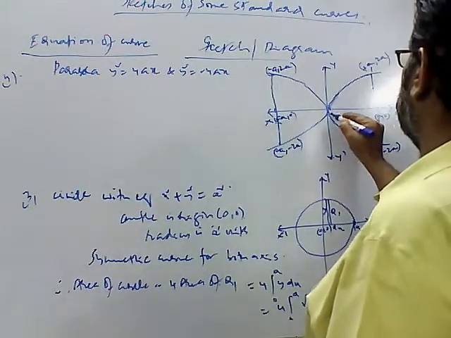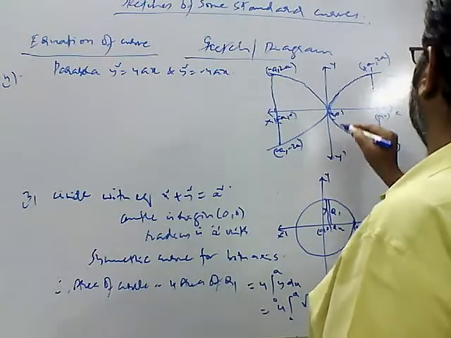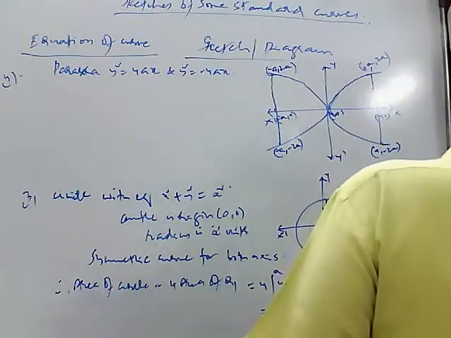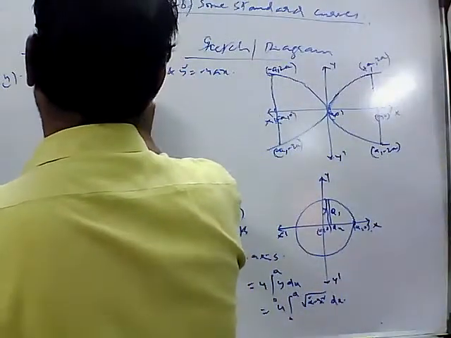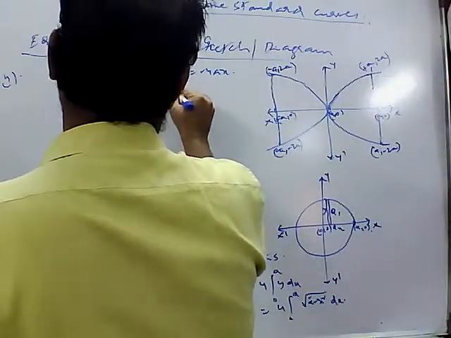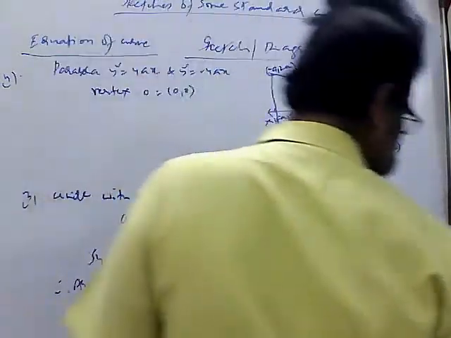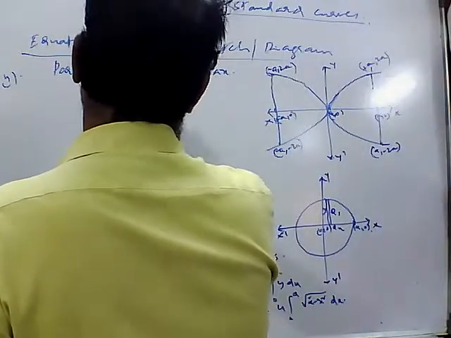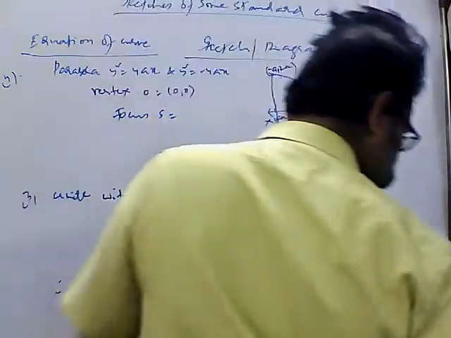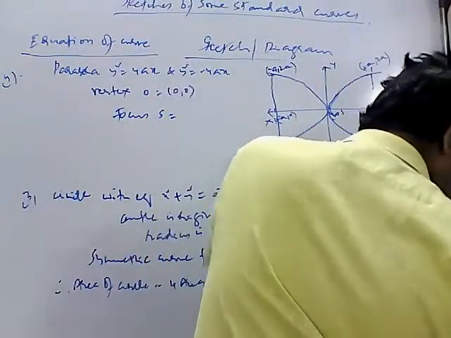This is origin. Vertex 0, 0. Focus S is equal to a, 0 and minus a, 0.